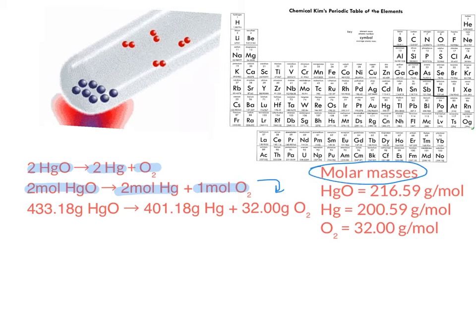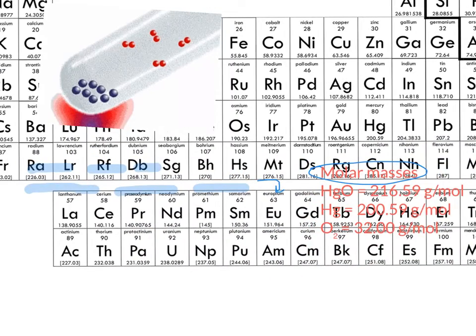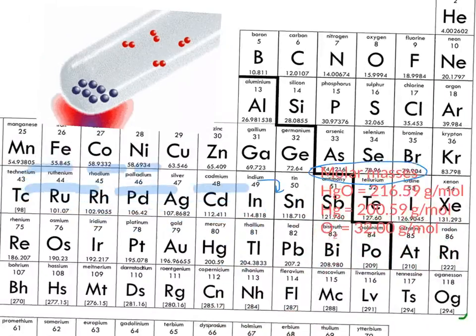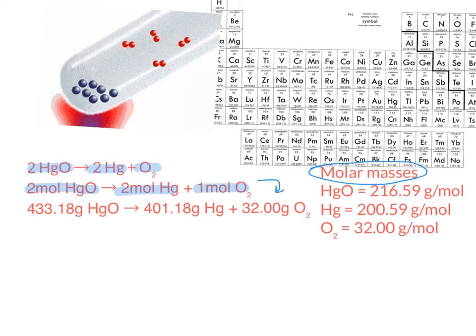Those molar masses come from the periodic table and those atomic weights or atomic masses, with mercury being 200.59 and oxygen being 15.9994, or 16. We can look at the molar mass of mercury oxide to be 216.59, mercury to be 200.59, and oxygen to be 32.